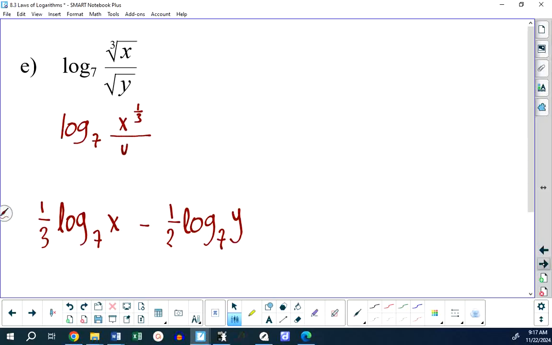The square root of y is y to the half. So this is going to be log base 7 of x to the third minus log base 7 of y to the half, and then those exponents go in front. I feel as though you feel this is easy so far. You're following it, and that's good. Okay.